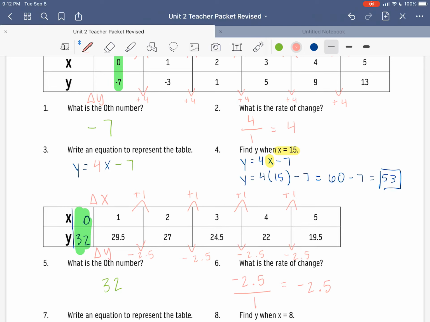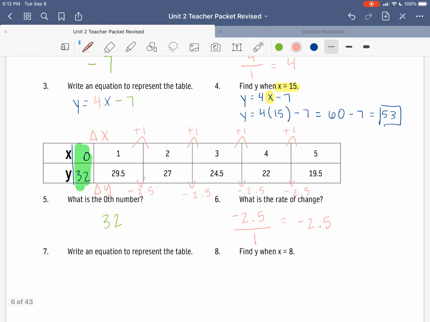If you do this with fractions, you are welcome to leave your answers fractions. Fractions or decimals are fine for rate of change. So then my equation is going to be y equals negative 2.5 x, and then my 0th term was a positive 32, so I'm going to put plus 32 on this one.